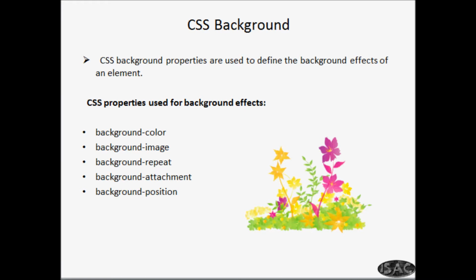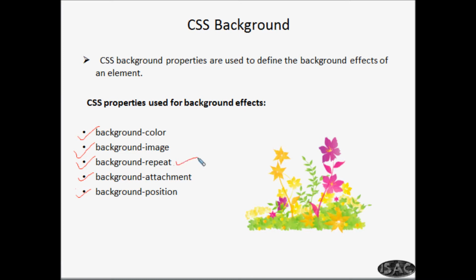So we have background color, background image, background repeat, background attachment and positions. Background color means we can have a complete background color, a solid color only. If we want to put a background image, we can use background image and background repeat. If you want to repeat the background image throughout the body, you can say repeat here.